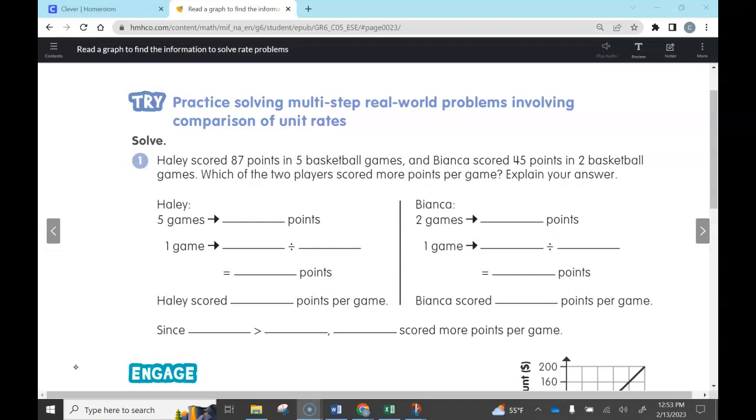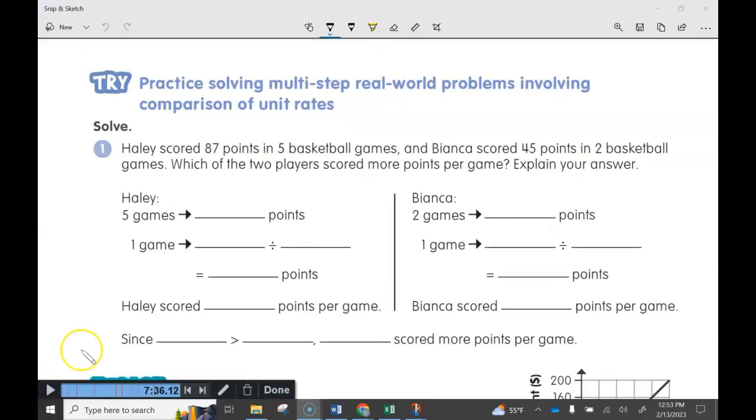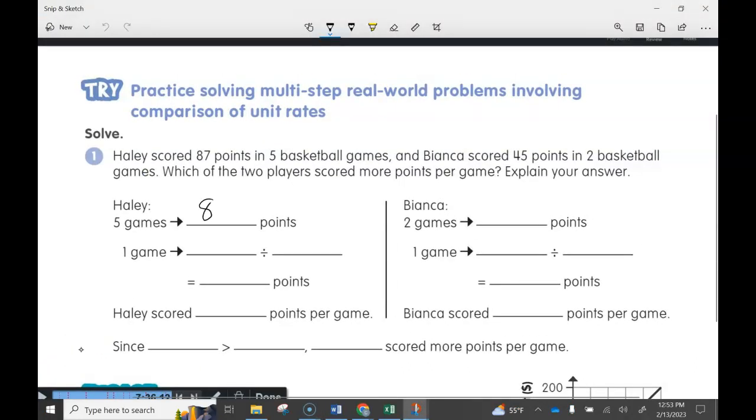So we're going to take a look at this. So we can see, first of all, that in 5 games, Haley scored 87 points. Okay, in order to figure out how much she scored in 1 game, we take that 87 and we divide it by 5, and we can see that's 17.4 points.